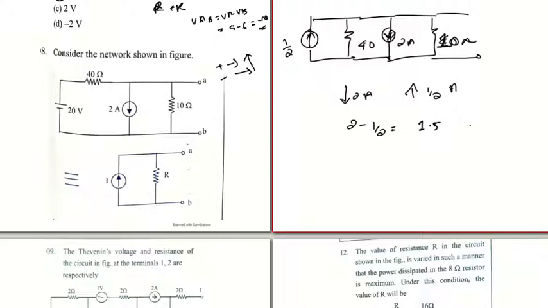Because the 2 ampere current is more than 1 by 2 ampere, the resultant current moves in the downward direction. But we want an equivalent current in the opposite direction, that is, the upward direction. So our I will be the same in magnitude but opposite in direction, so we can represent it as minus 1.5 ampere, and RTH is 8 ohm. Okay, thank you.